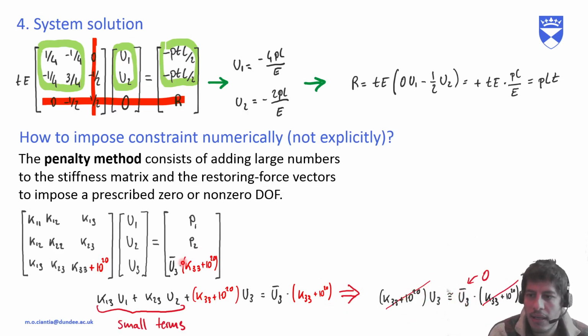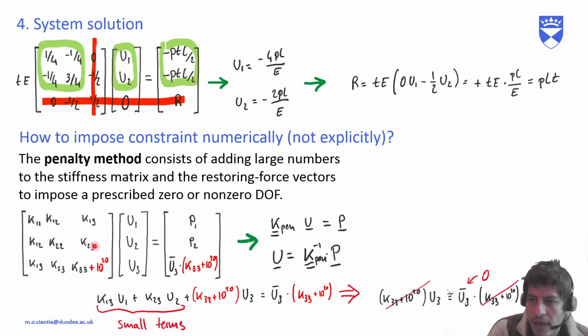Now, once we do this, this stiffness matrix is now called the penalized stiffness matrix, and the objective is to obtain U. Now, the penalized stiffness matrix is invertible. So if we can invert the penalized stiffness matrix, then we can obtain U as the inverse of the penalized stiffness matrix times the equivalent nodal load vector.